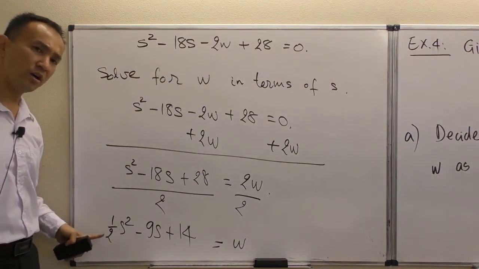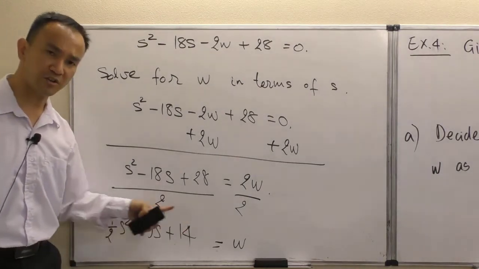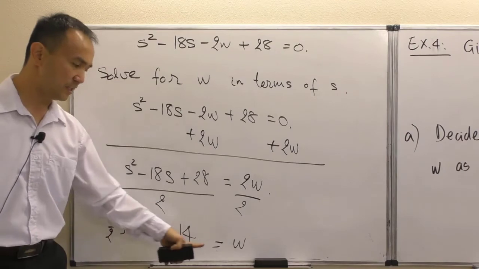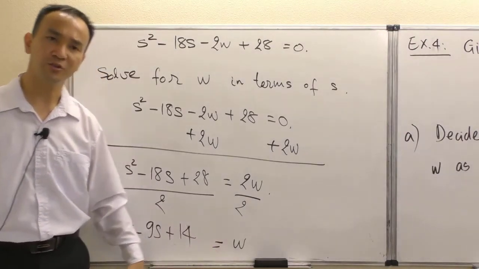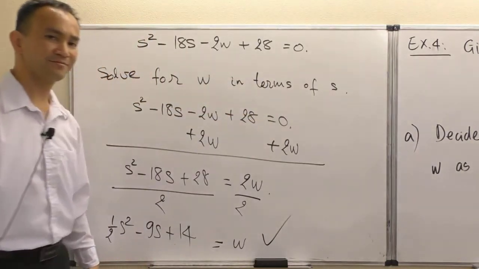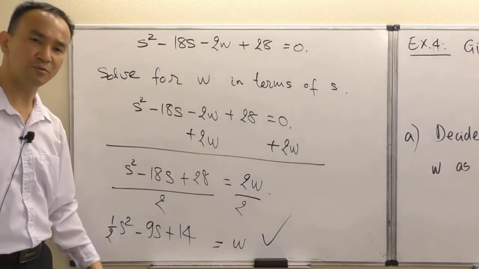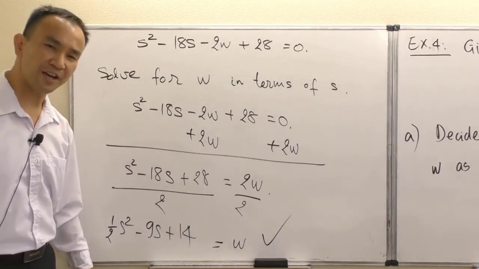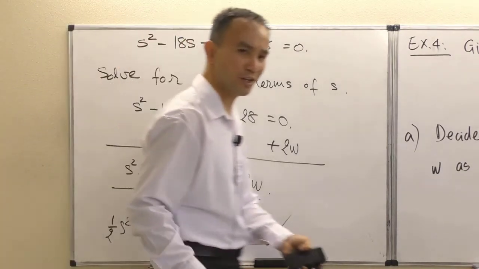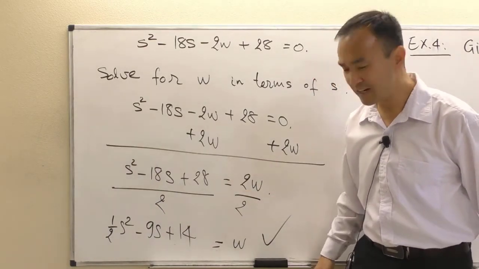But now, hey, look on the bright side. We only have one expression in terms of S equals one single variable W. So this is where now I can put a check mark right here. This equation defines W as a function of S. As long as we reach that, we don't need any other beating around the bush argument.